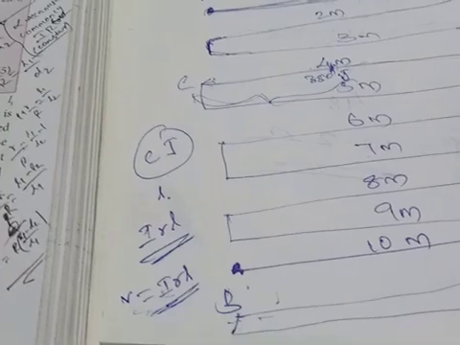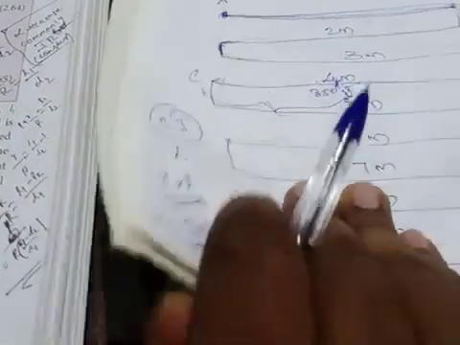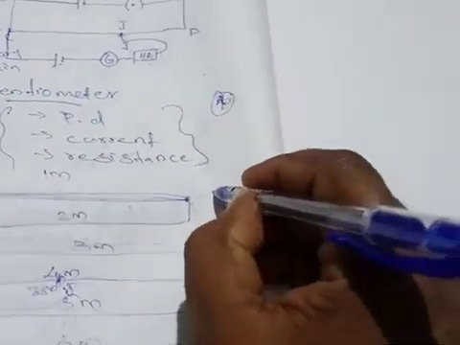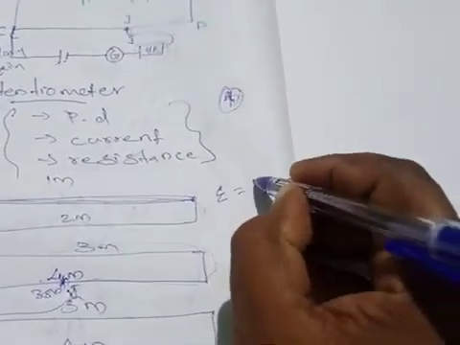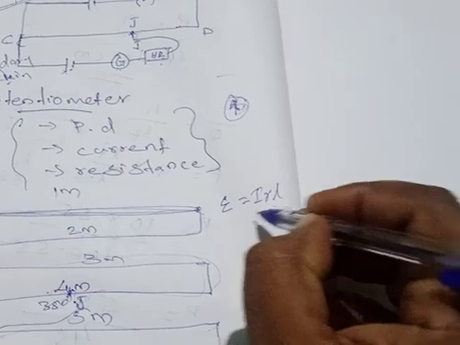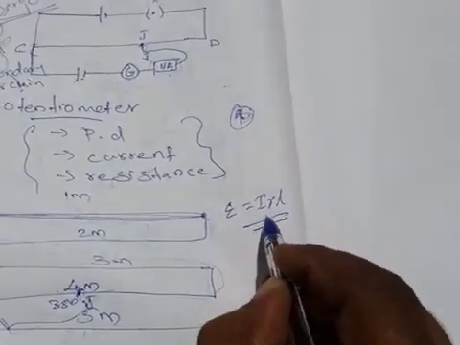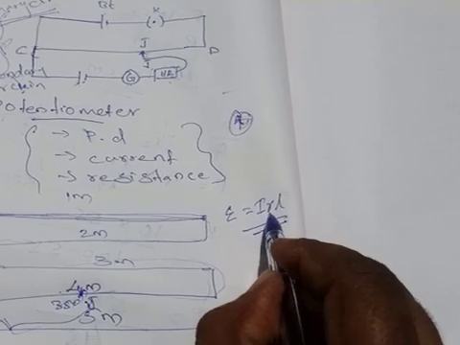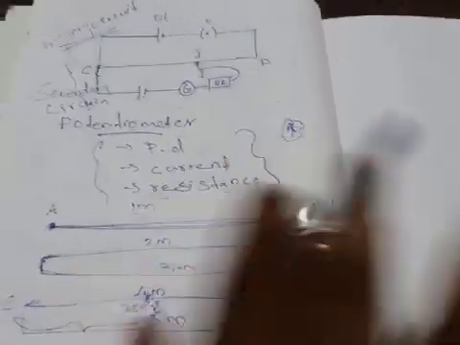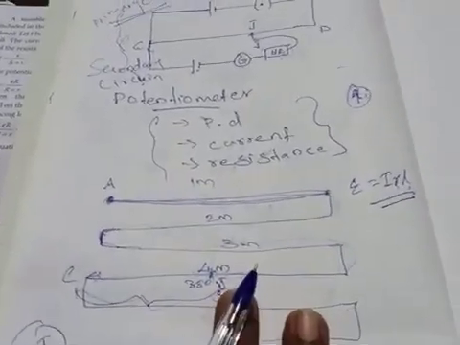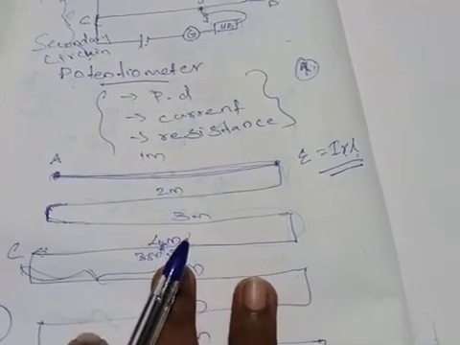That is what we are taking, so we can write the equation. Now the EMF is equal to IRL. What is I? I is the current flowing through this wire. R means the resistance per unit length. L means the balancing length. So this is what the potentiometer is about.